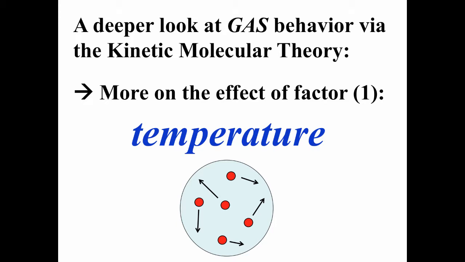And the effect that that has on, for example, pressure, if we have a constant volume of container, then if the gas molecules are traveling faster, they are going to hit the walls of the container more often and with more force. And those changes both increase the pressure of the gas in the container.